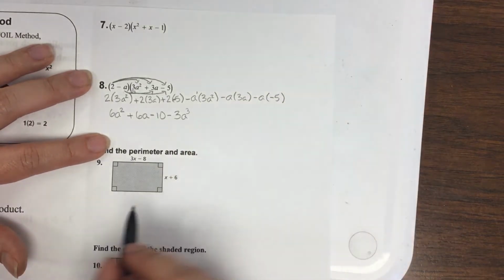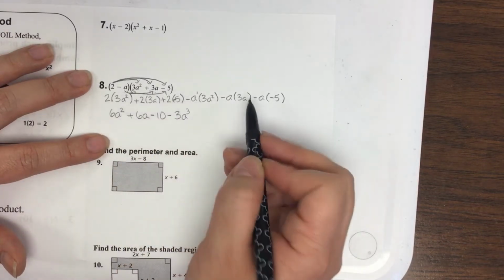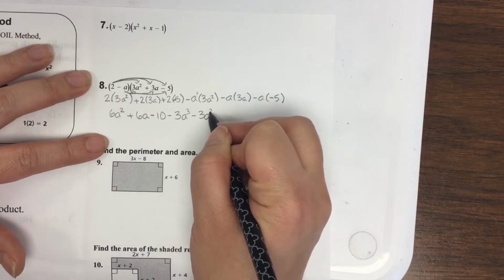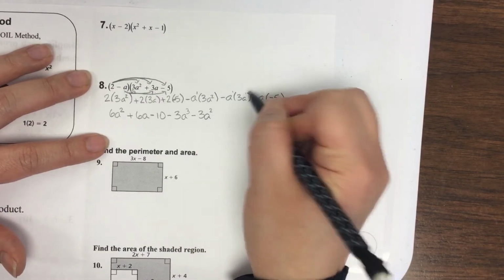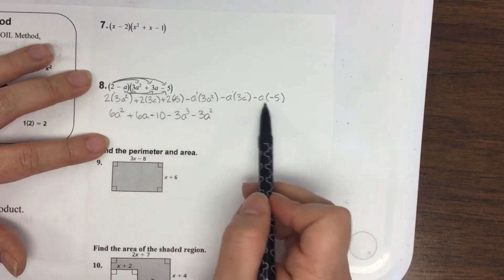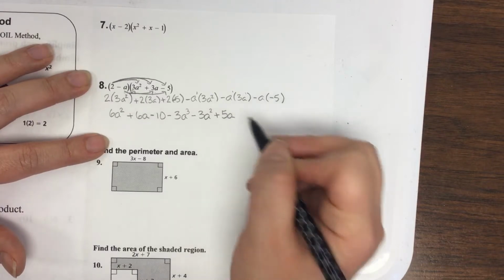Remember, add those exponents. Negative a times 3a becomes negative 3a squared. Remember, add those exponents. And then negative a times negative 5 becomes a positive 5a.